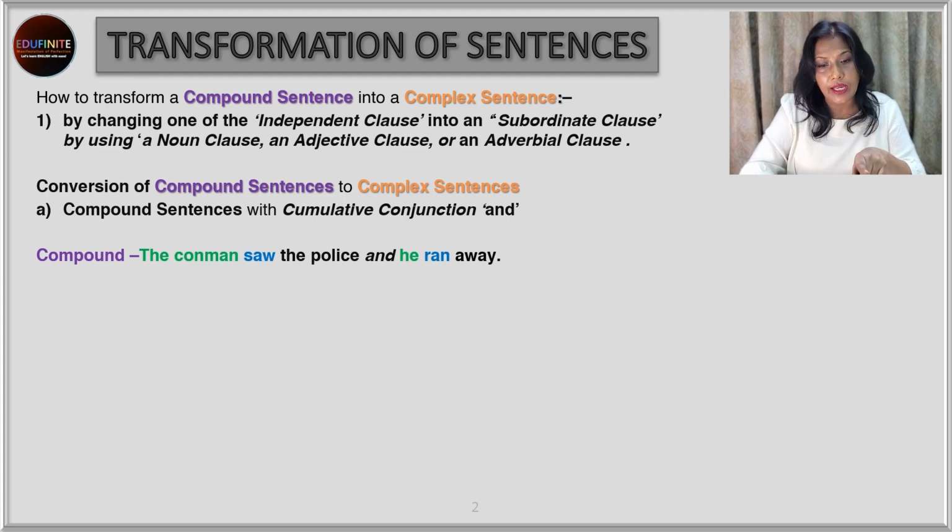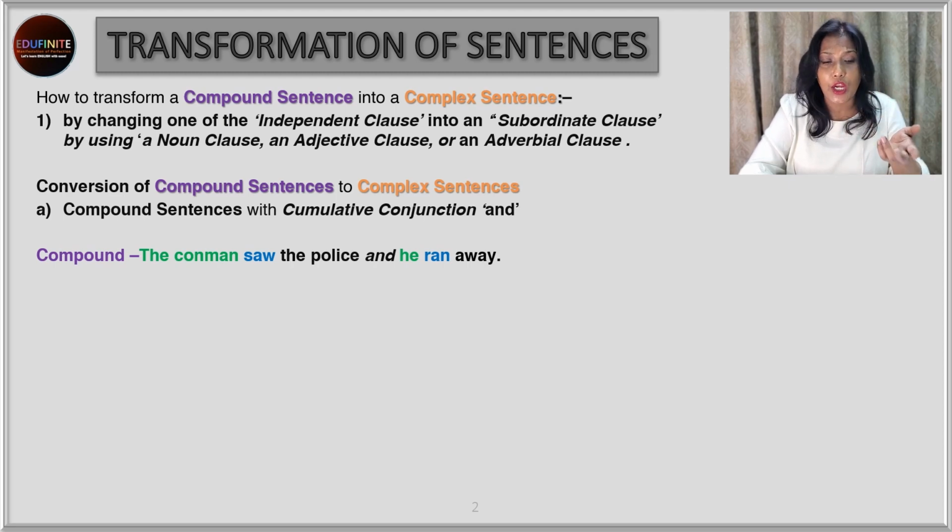It has subject he and ran as its verb, and these two independent clauses are joined together by the coordinating conjunction and. Now let me tell you, I have marked green all the subjects and the verbs are marked blue for your easier understanding.